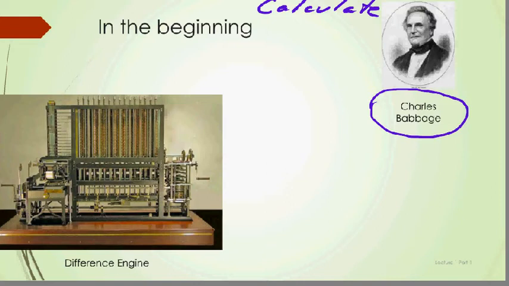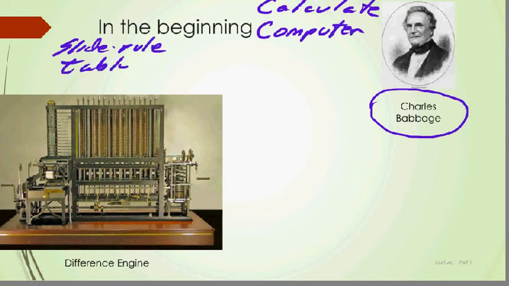In fact, a person who did calculations at that time was referred to as a computer, a person, not a machine. Problem was that in those days, the computer, the human variety, had very few tools to work with. There was the slide rule, and there were tables, such as logarithms and anti-logarithms, that they could use for doing these calculations.